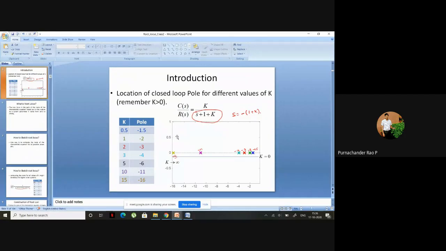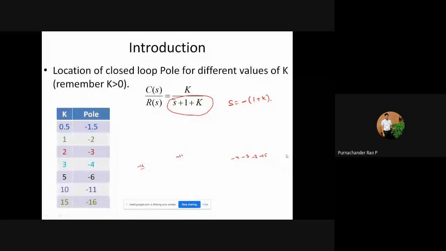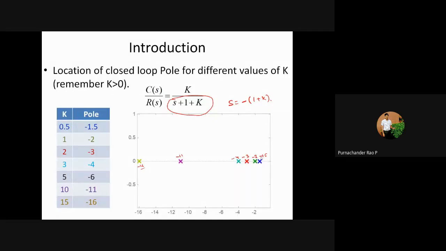Okay, so we'll start again. Here let us take that C(s) by R(s) is equal to K by (s plus 1 plus K). So this is a closed loop pole which is located at minus of (1 plus K).